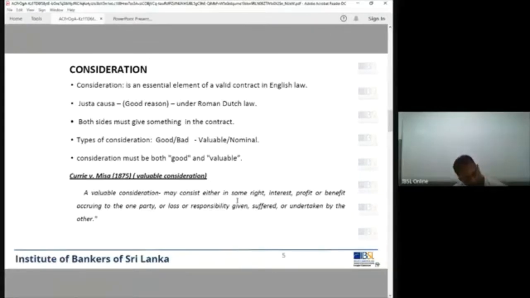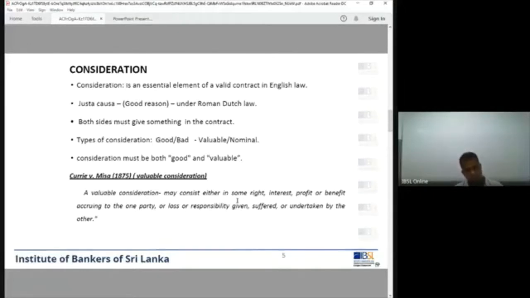Right. Now, under the sources of law, we studied our common law is Roman Dutch law. Dutch people introduced the Roman Dutch law into the country, so afterwards it became the common law of the country. Before that, we had a Sinhalese law system, then it was replaced by Roman Dutch law.